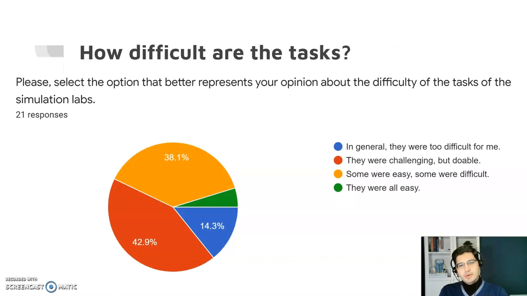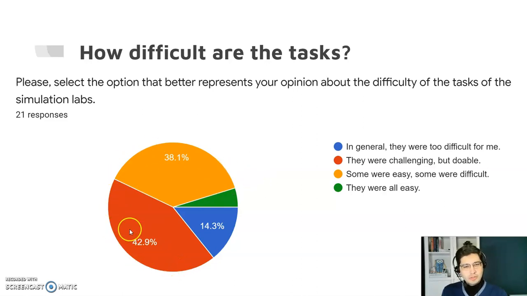So in general, how did they find it, difficult or not? Well, 14% of the students found it too difficult. So they really were struggling. But you see here that most of the students actually found it challenging but doable, or some were easy, some were difficult.